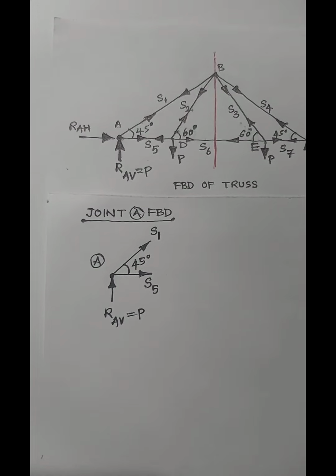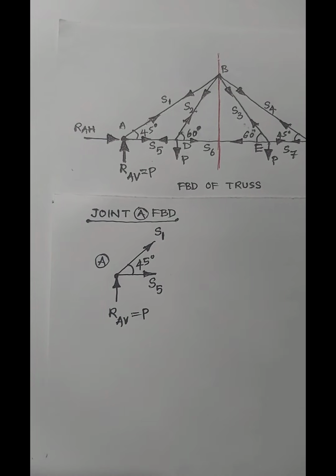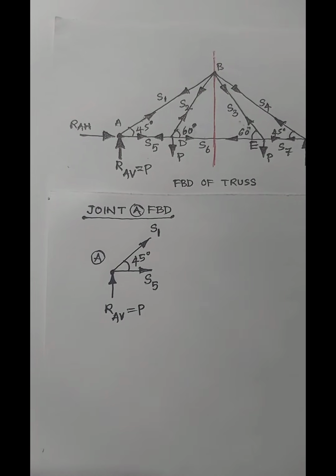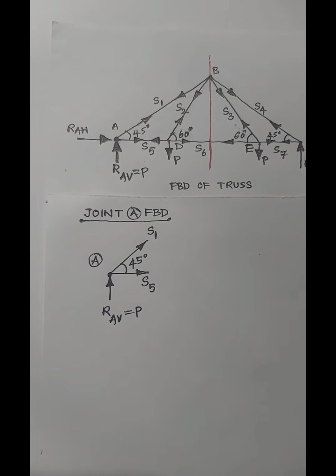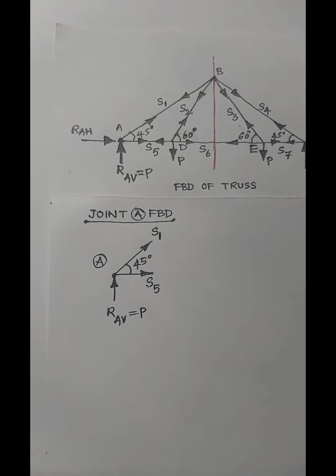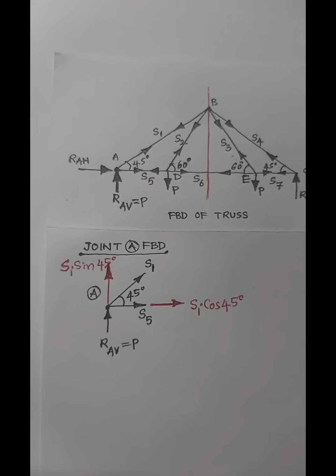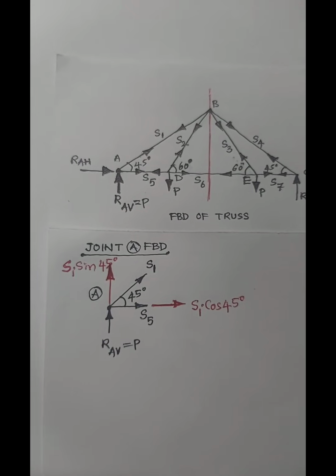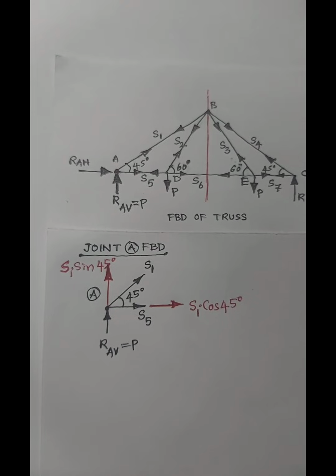In the free body diagram of joint A, S1 force is inclined 45 degrees with the horizontal. So we can find the horizontal component and vertical component for that force. The horizontal component will be S1 into cos 45 degrees. The vertical component will be S1 into sin 45 degrees.